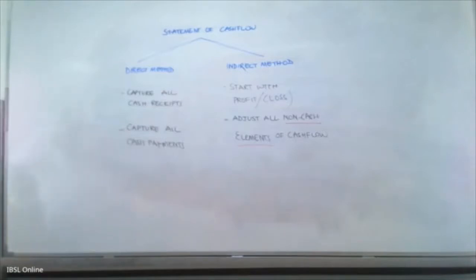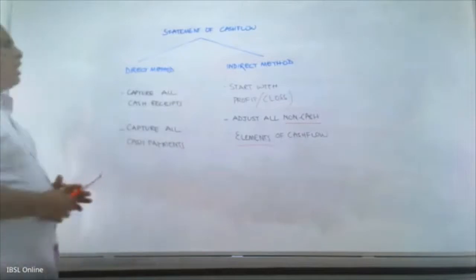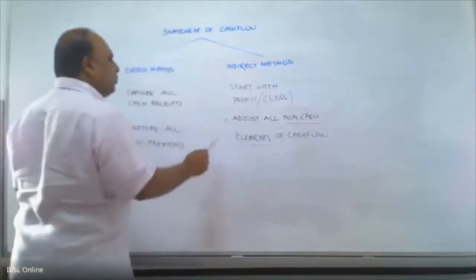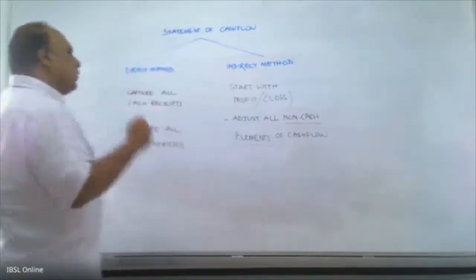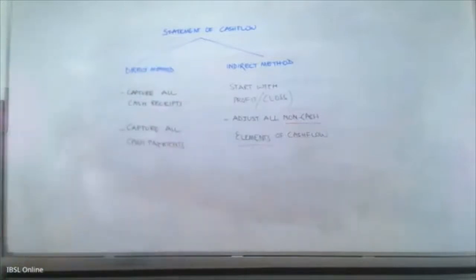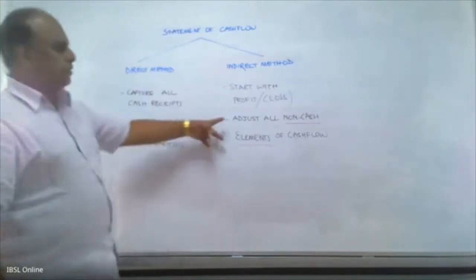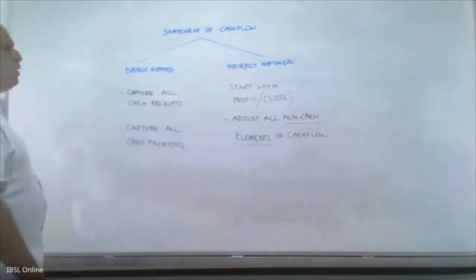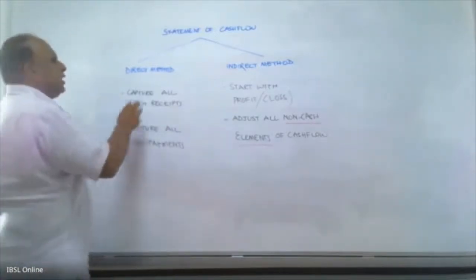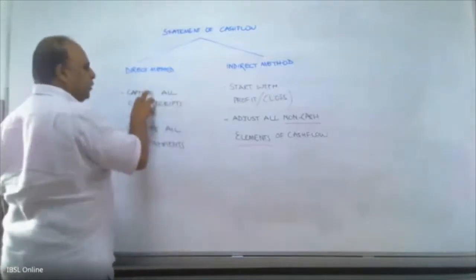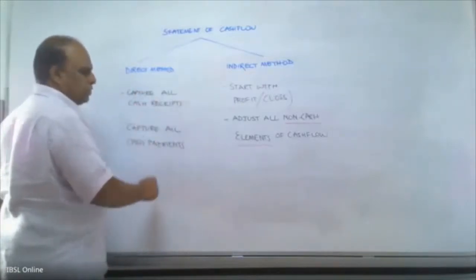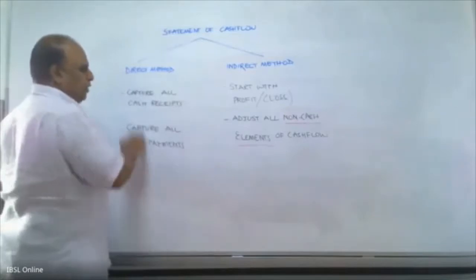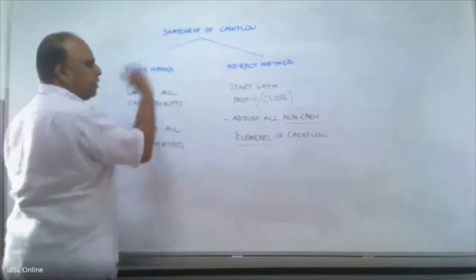So basically, you start with the profit or loss and you adjust all the non-cash elements that are included in the statement of cash flows. By doing that, what will happen? It will come back to this. So you need to understand the difference. Why do you say direct and indirect? Here you have to identify each and every cash receipt and payment. Now, if you are unable to do it, what is the alternative?